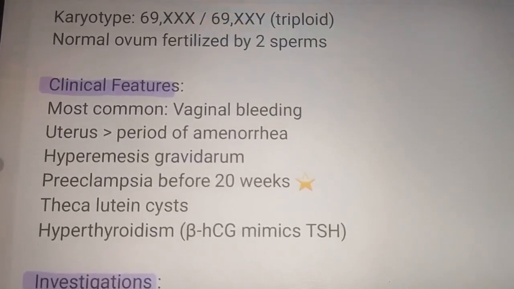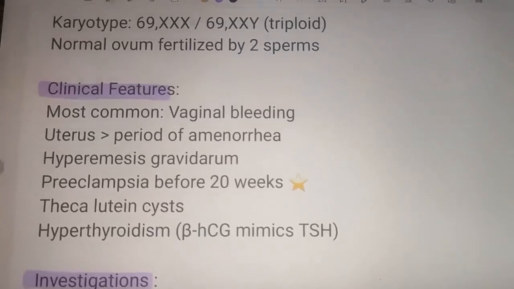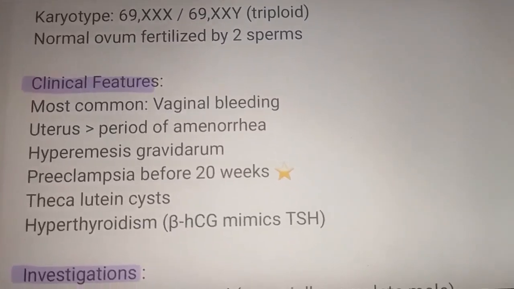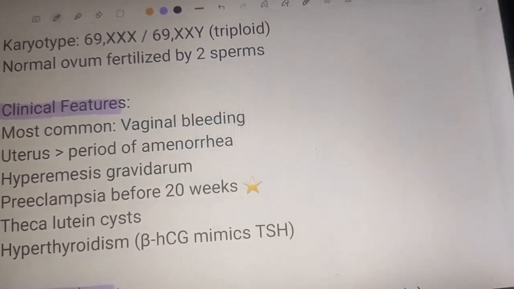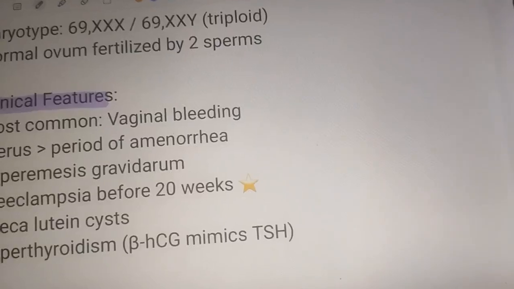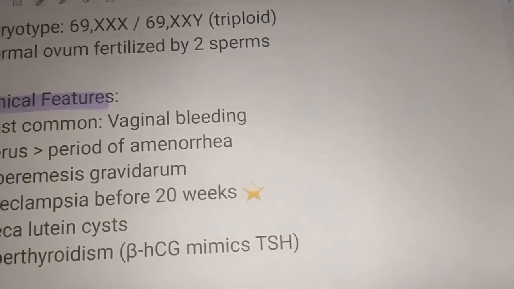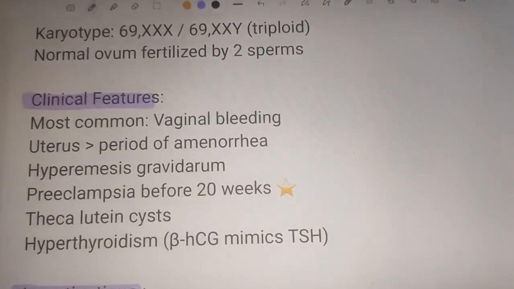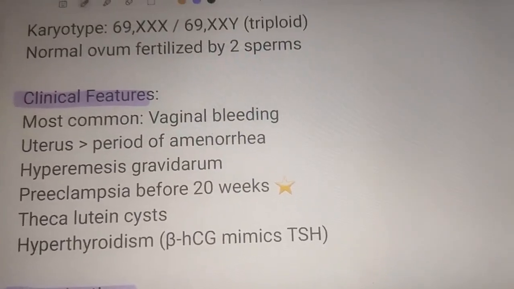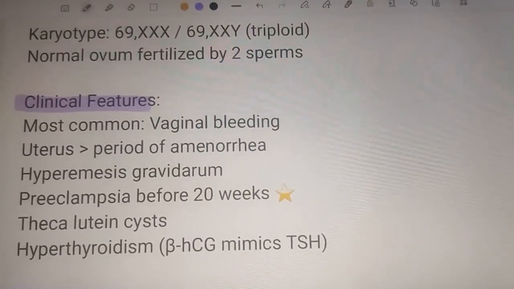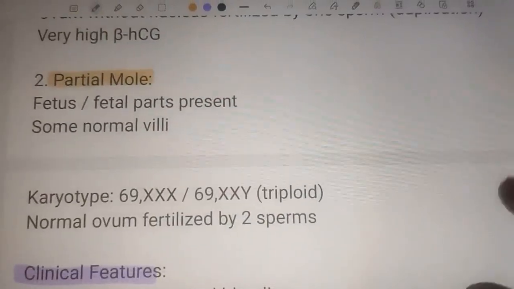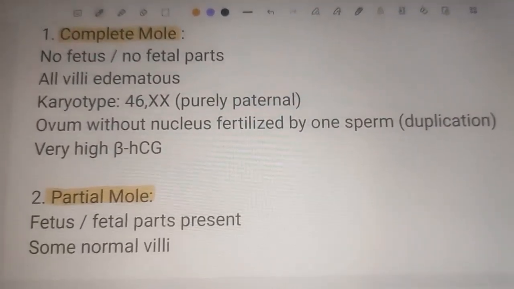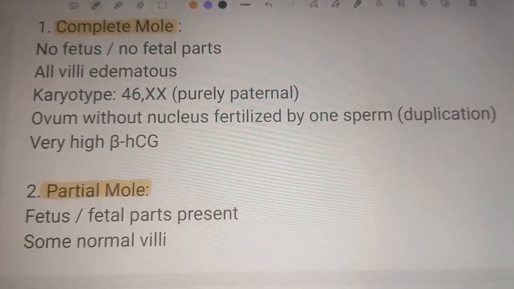Now comes to clinical features. So you have to learn the differences between them carefully. One more difference is, in case of partial mole, maternal genetic material is present, and in case of complete mole, maternal genetic material is absent.